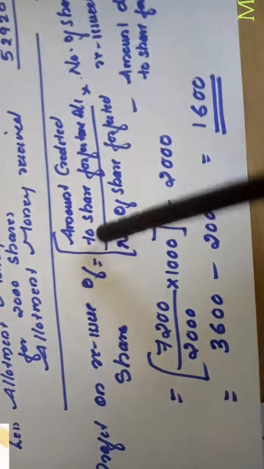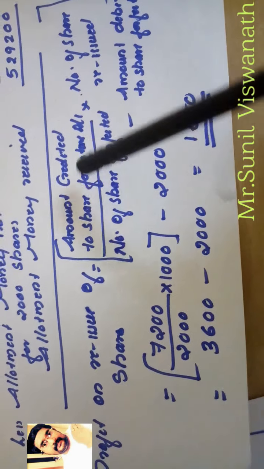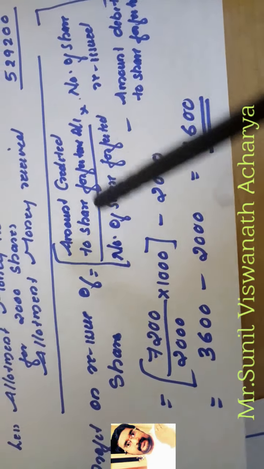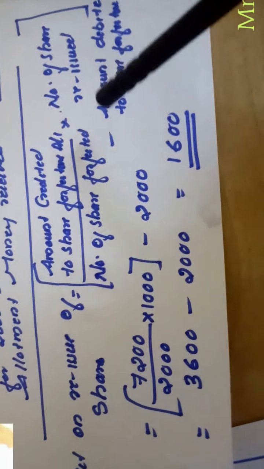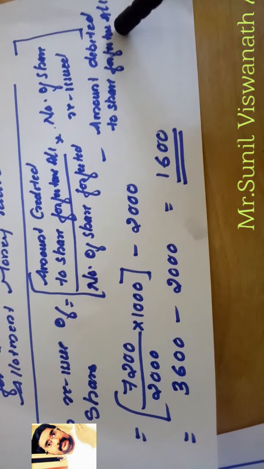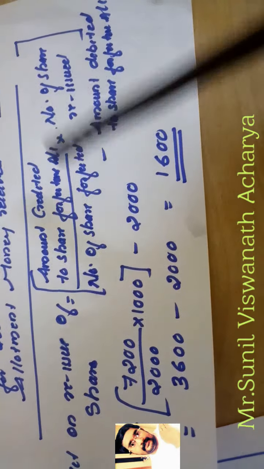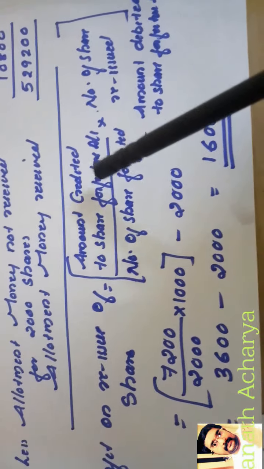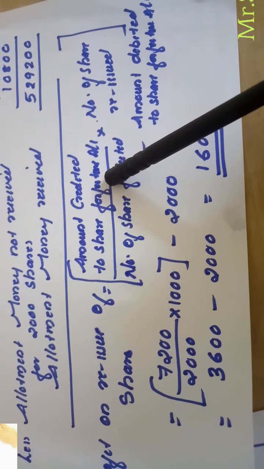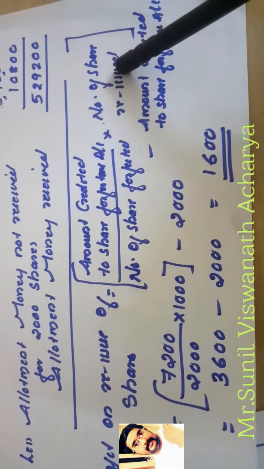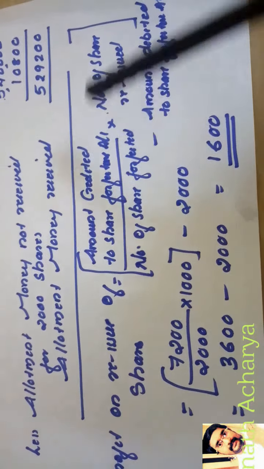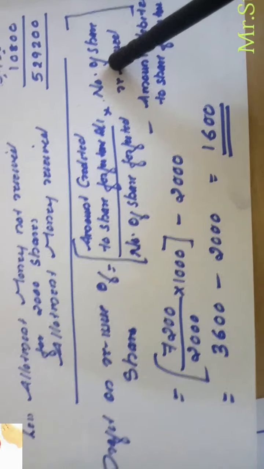Profit on reissue of shares is equal to amount credited to share forfeiture account divided by number of shares forfeited, into number of shares reissued, minus amount debited to share forfeiture account. Remember this equation: when the number of shares forfeited and number of shares reissued are different, that is, for partial reissue only, you have to apply this equation.